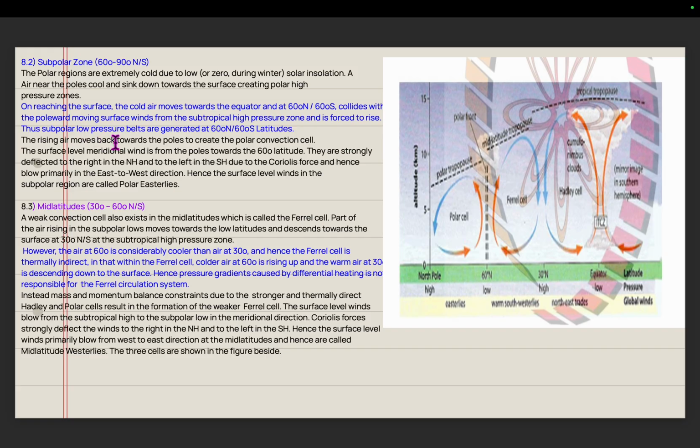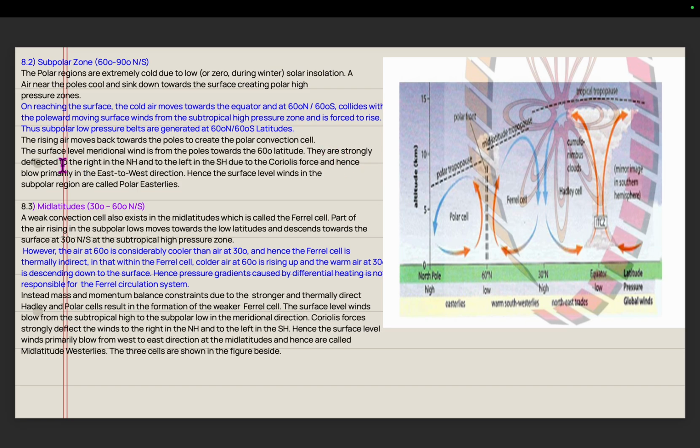The rising air then moves back towards the pole to create the polar convection cells. The surface level meridional wind is from the poles towards the 60 degree latitude. Surface level meridional wind means the meridional component, that is the north-south component of this figure.